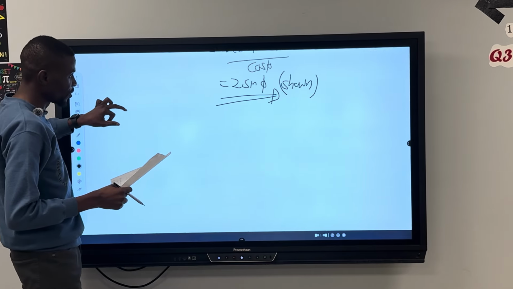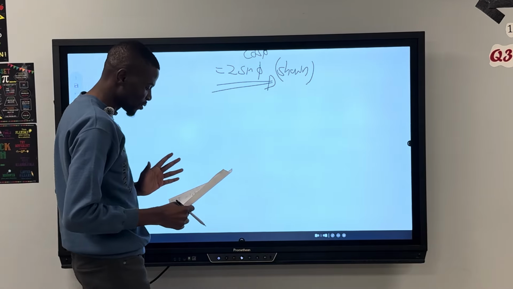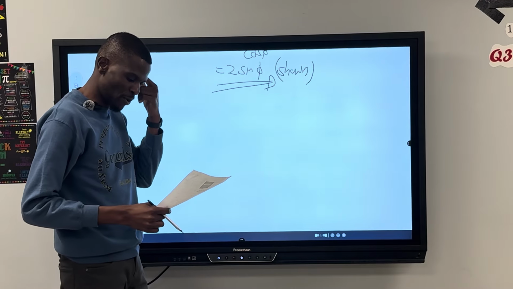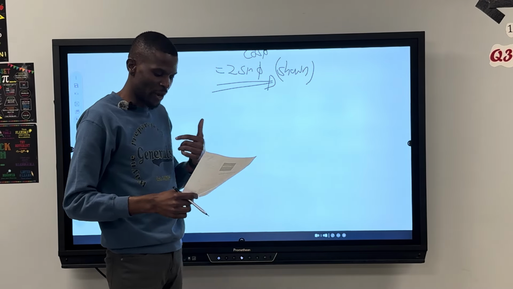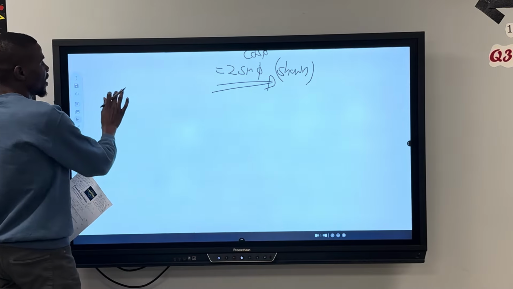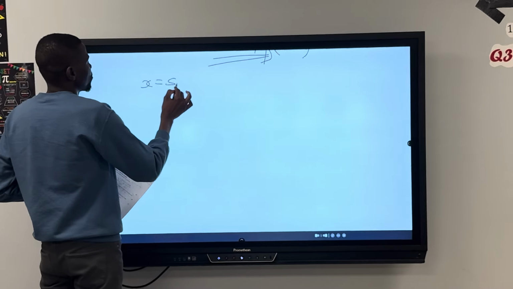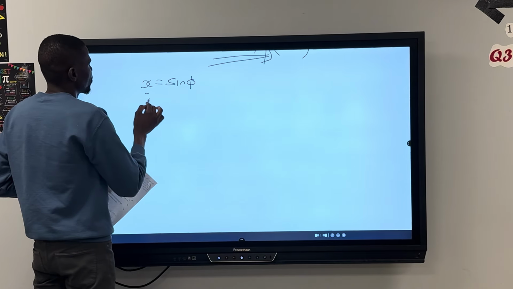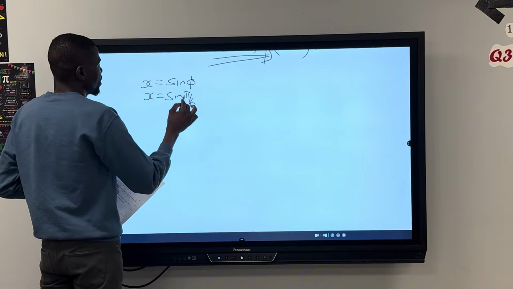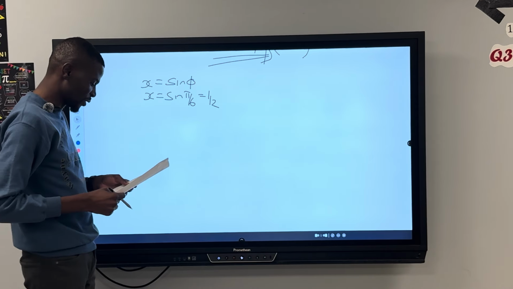Okay, so now we are moving on to item 2. On item 2, we need to find the equations of the tangent and the normal to the curve at the point Q where phi equal to pi over 6. Remember our parametric equations, x is equal to sine phi. So x equal to sine pi over 6, which is 30 degrees. So sine 30 is equal to 1 over 2.